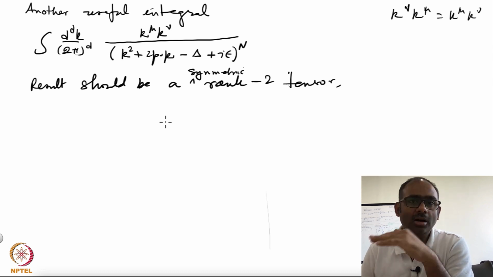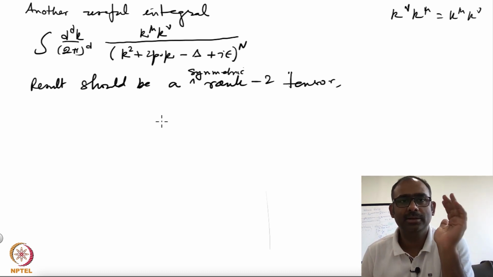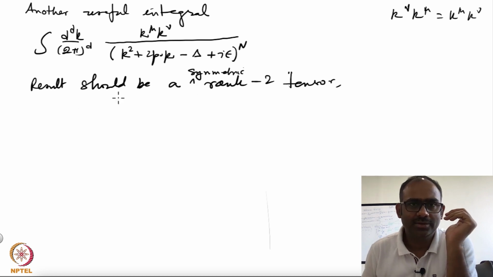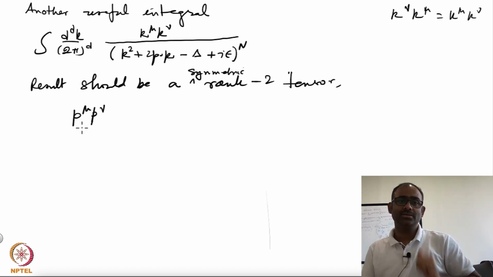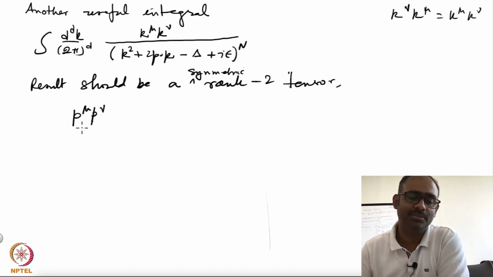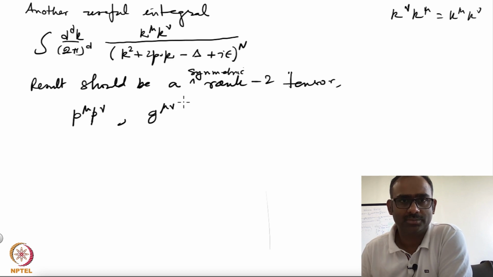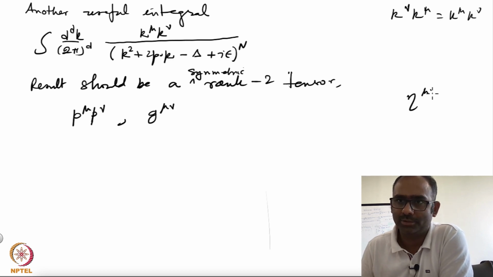Now, what are all the possible rank 2 tensors available to us when we are doing this integral? Given that the result can depend on p, we have p^μ p^ν, which is symmetric under interchange of μ and ν. There is another rank 2 tensor which is always available, g^μν, or better I should call it η^μν, but let me call it g^μν.